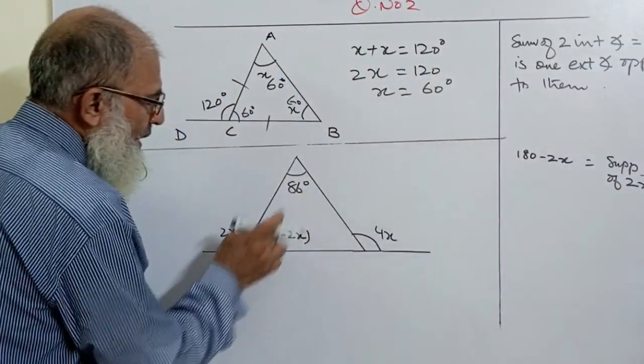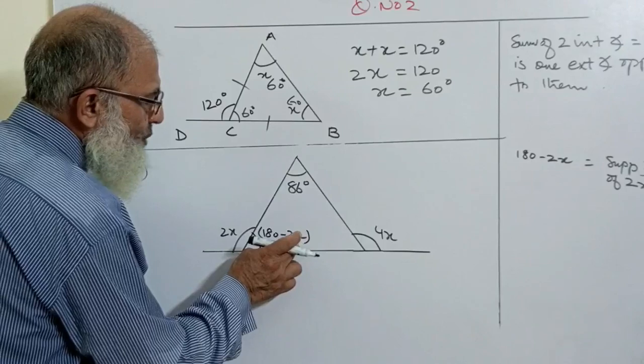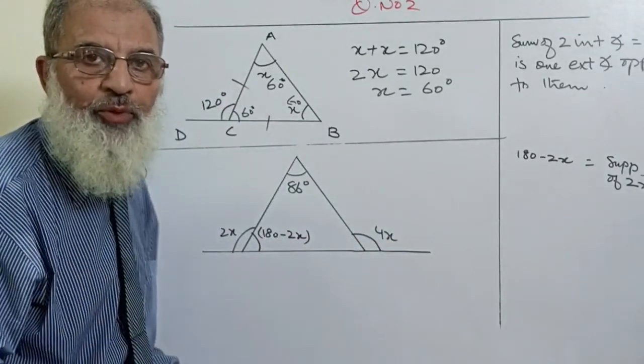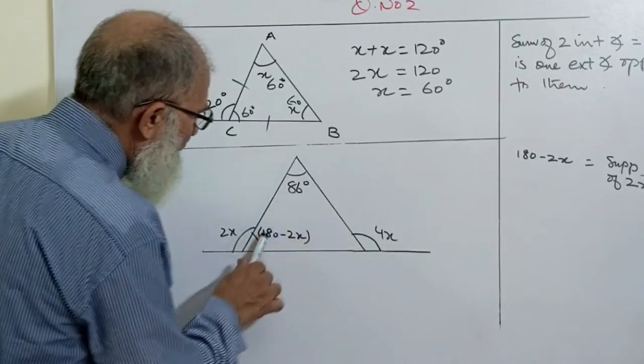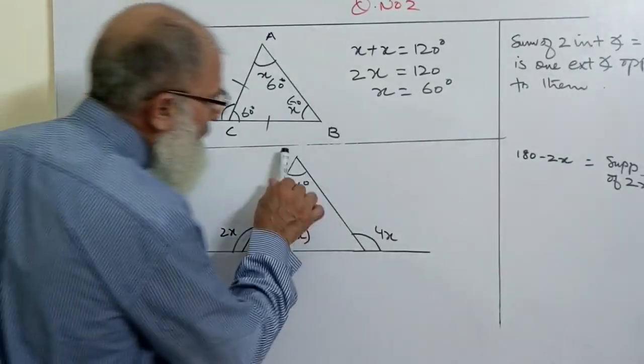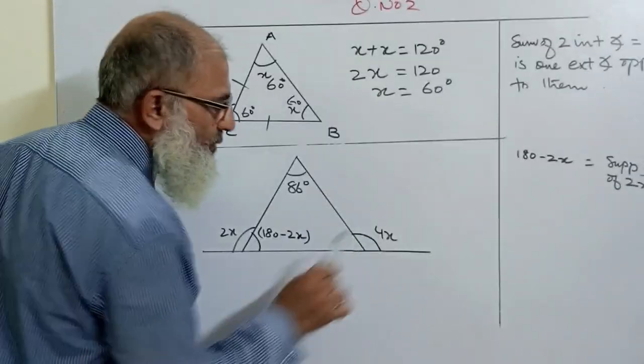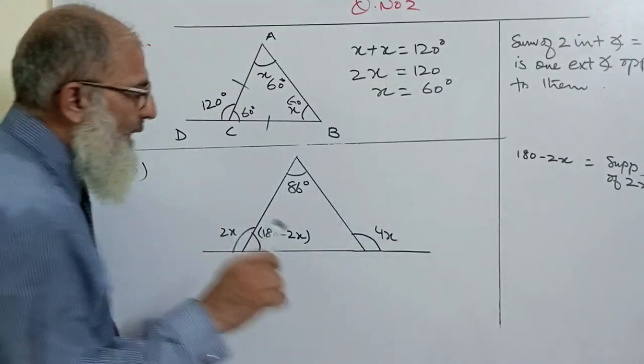Now this is 180 minus 2x. Now we have some clue, at least we have come to some clue that we have found two angles over here which will meet our requirement of two interior angles equal to one opposite exterior angle.